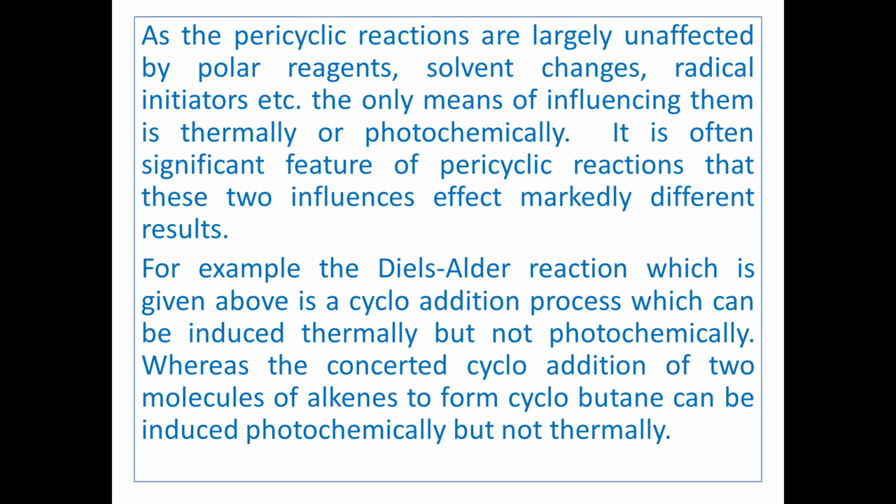When pericyclic reactions are carried out under thermal conditions, they give one type of product, and under photochemical conditions, they give a different type of product. Some reactions occur only under thermal conditions, while others can occur only under photochemical conditions. That means pericyclic reactions are influenced only by heat or light.